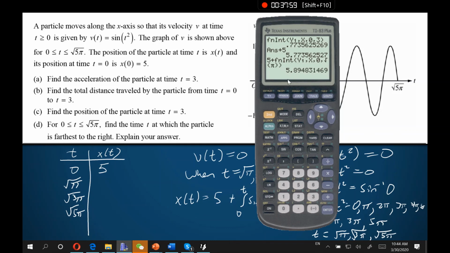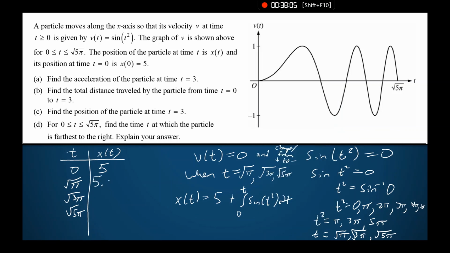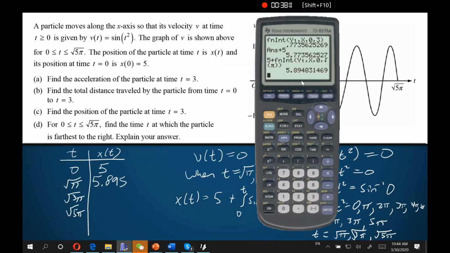Okay, so our first point is 5.895. For our second point, I'm going to hit second entry, which copies everything I just typed, and change this from pi to 3 pi, and hit enter.